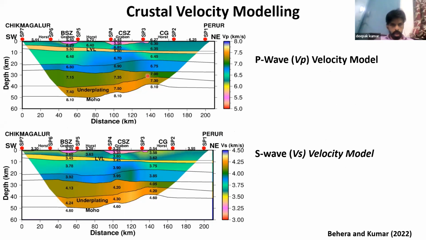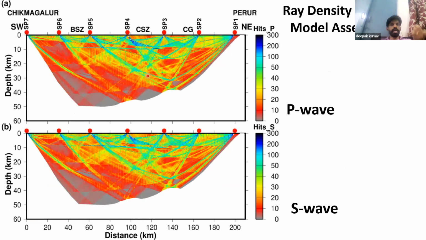Now I did this. Now how will I know whether my model is correct or not? So for that, I did a ray density count or hit count or model assessment. In model assessment, we have to do a resolution test as well. So we will see. See, you can see here, this is the ray density count or hit count.